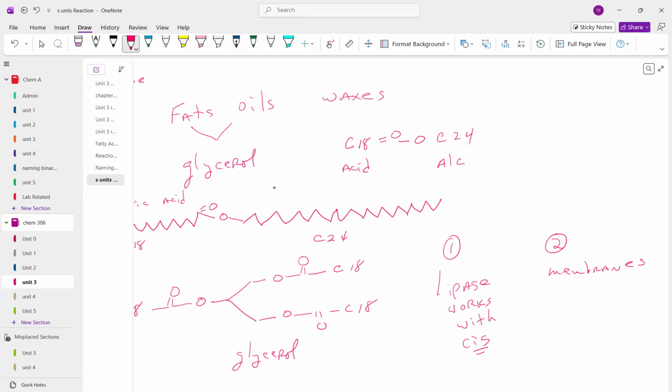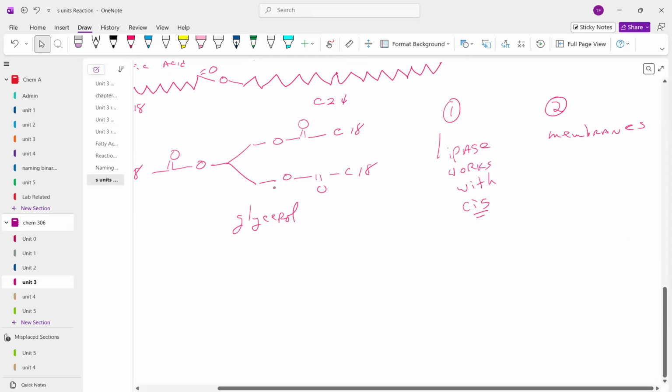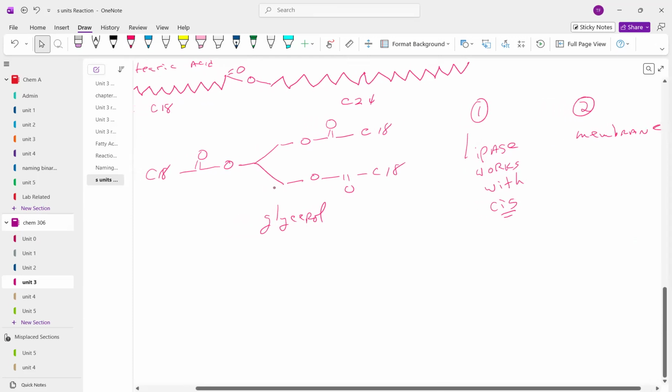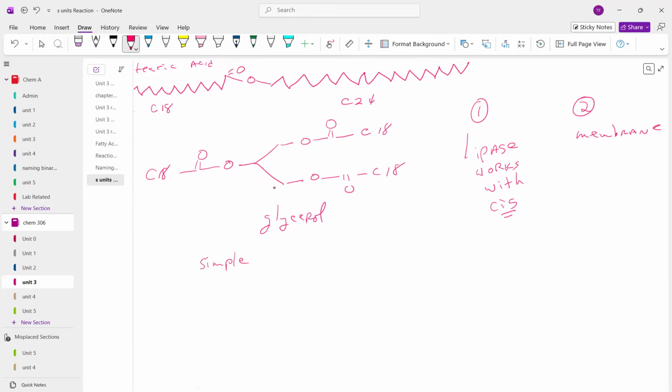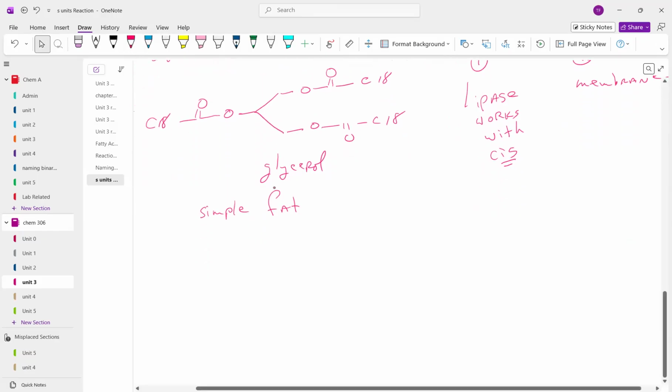Okay, so now this is the simple fat, meaning it has no phosphorus compounds in it. Membranes are called phospholipids because one of the esters is a phosphoester.